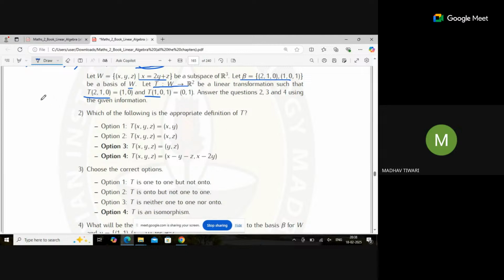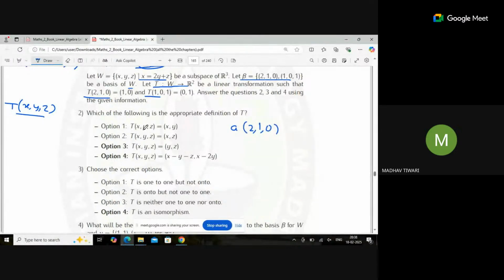First of all, we will write down (x, y, z) and we want to find this transformation. Suppose I multiply a times (2, 1, 0).